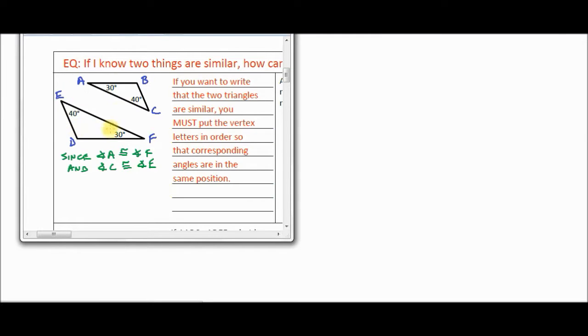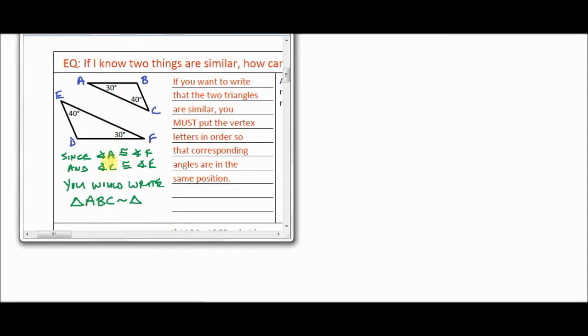Since you've matched up 2 out of the 3 angles and said those are the angles that correspond to each other, you would write your similarity statement like this. Triangle A, B, C. Now the order of these letters doesn't matter, but when you write your second triangle, you need to make sure the vertices match up.